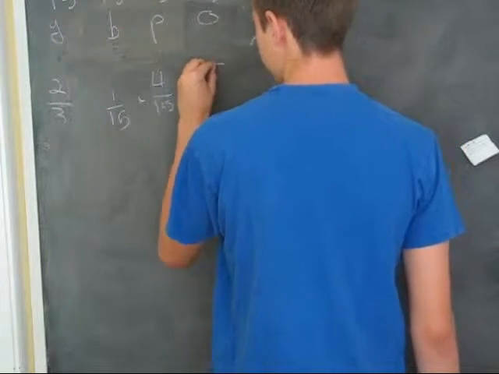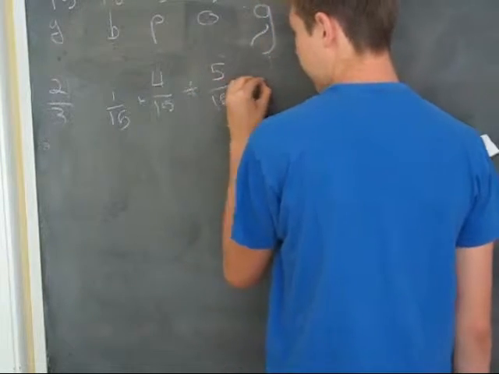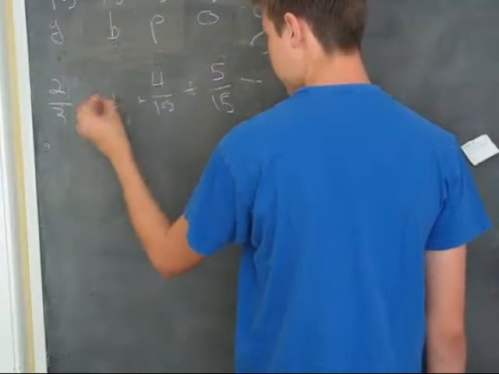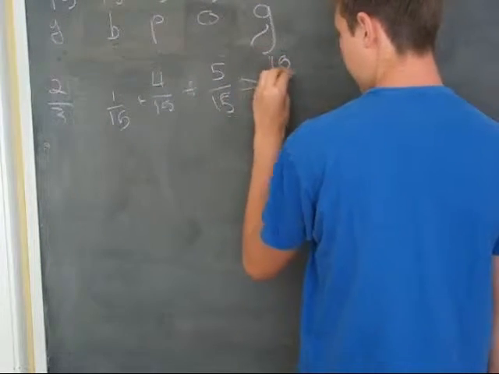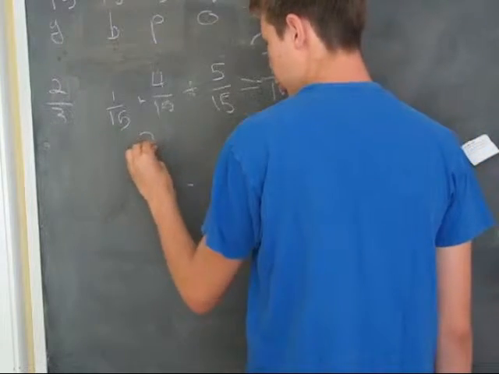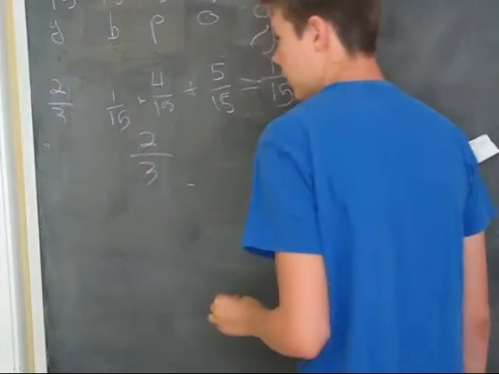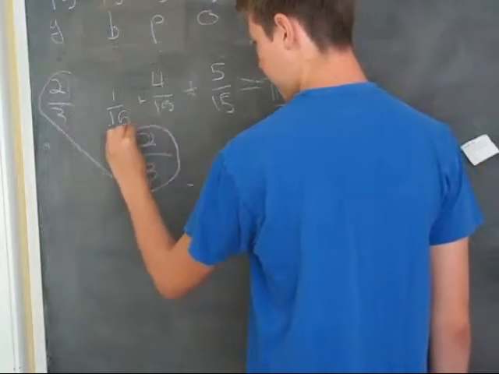So 1 plus 4 plus 5 over 15, and 4 and 5 is 9, plus 1 is 10. That equals 10 out of 15, which is the same as 2 over 3. So you can see that these are indeed one and the same.